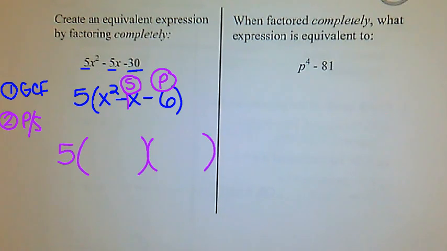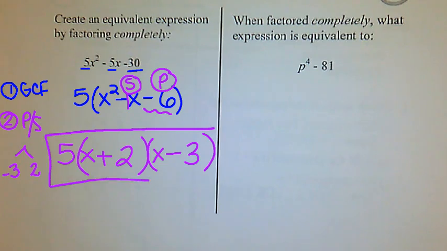I know I'm going to have an x and an x. One needs to be positive, one is negative, because this is a negative 6. My factors are going to be 3 and 2, and the larger one takes the sign. So positive 2 and negative 3. So that would be my final answer.